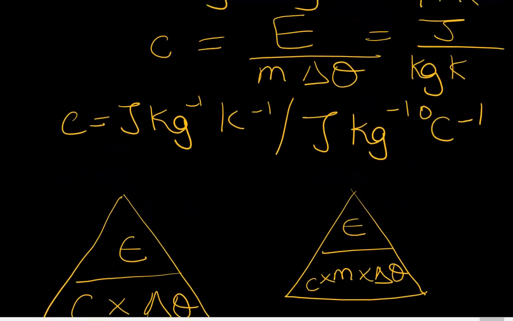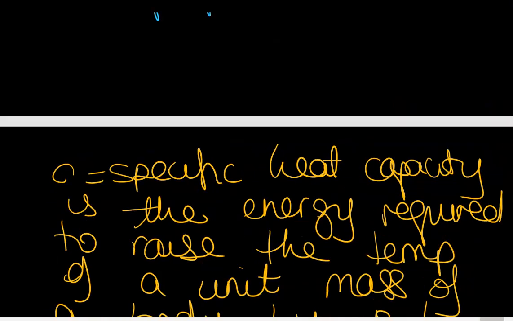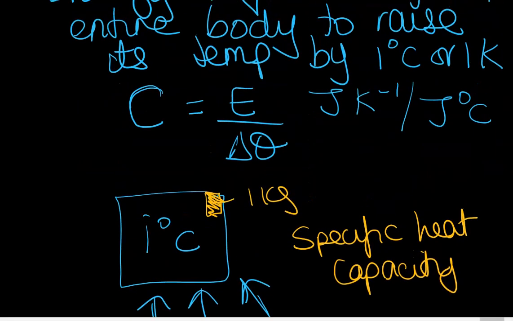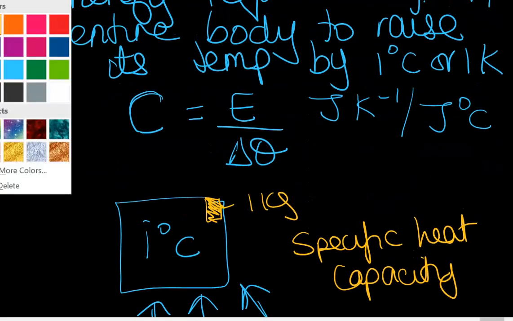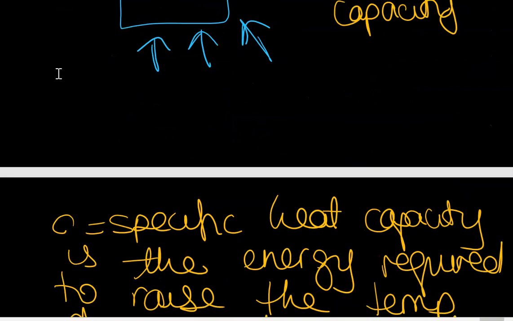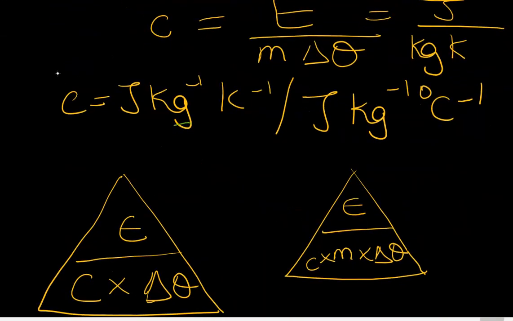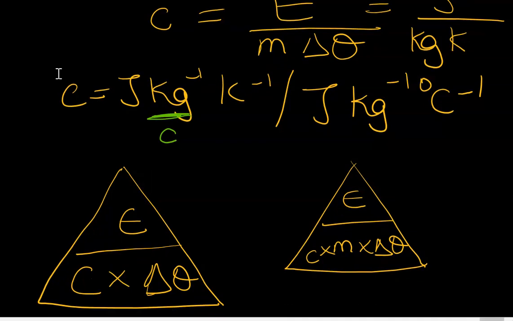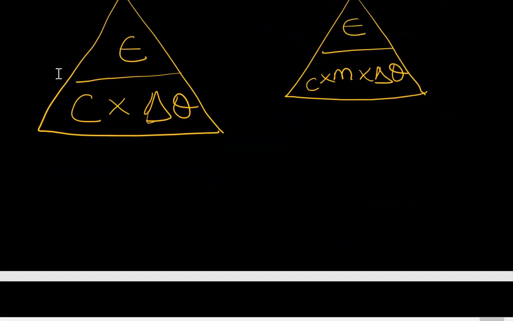Now, a lot of students confuse heat capacity with specific heat capacity. An easy little trick is that if you look at your unit and you don't see any kilograms, then this is big C. And if you examine your unit and you see kilograms or grams, then that is little c. Now, many times CSEC has asked what is the relationship between heat capacity and specific heat capacity.